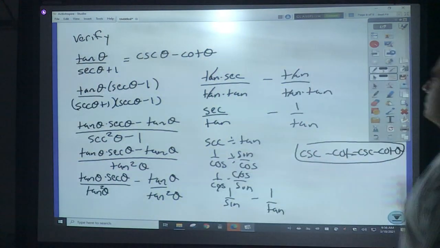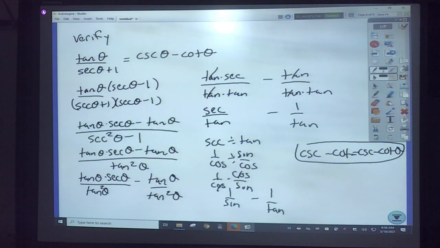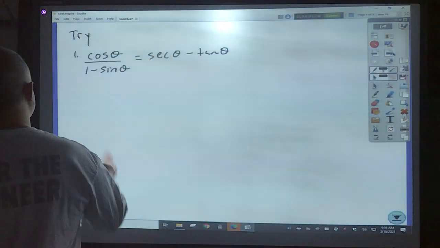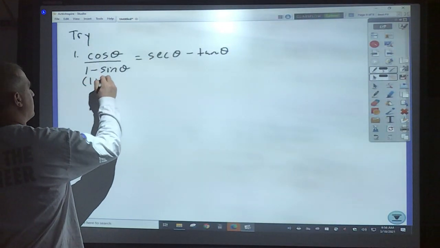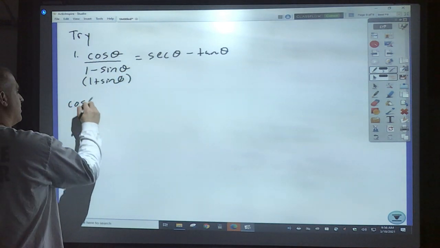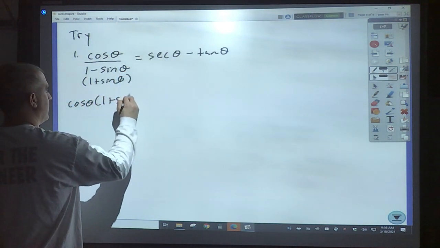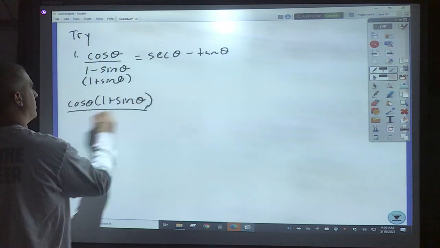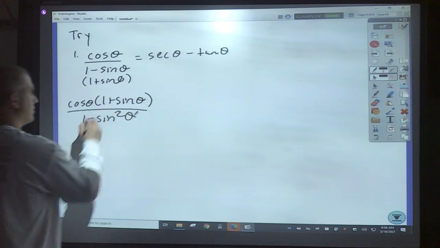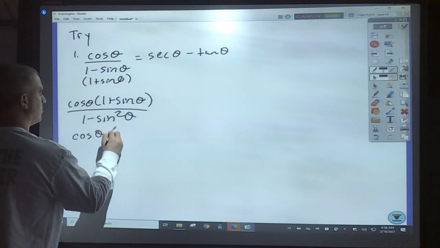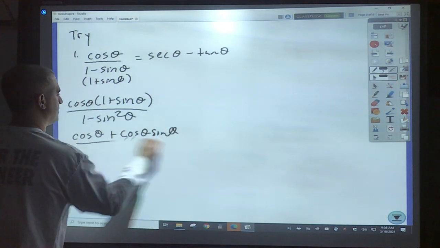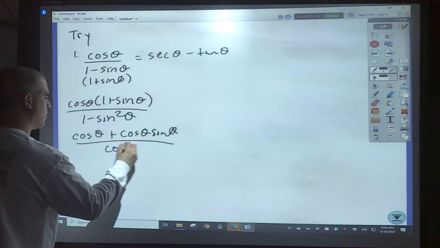All right, let's go to your problem. I want you to try. We are going to multiply by 1 plus sine. So I got cosine times 1 plus sine. I got this times this would be 1 minus sine squared theta. So I got cosine theta plus cosine theta sine theta. This is an identity. This would be cosine squared.